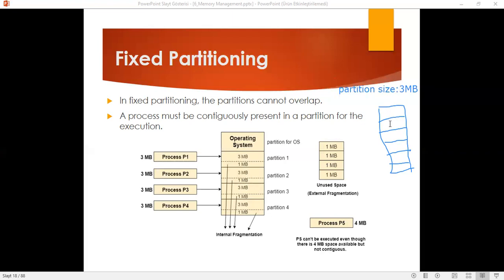This one is 3, this one is 3. All of them are 3 megabytes. And we have some processes.